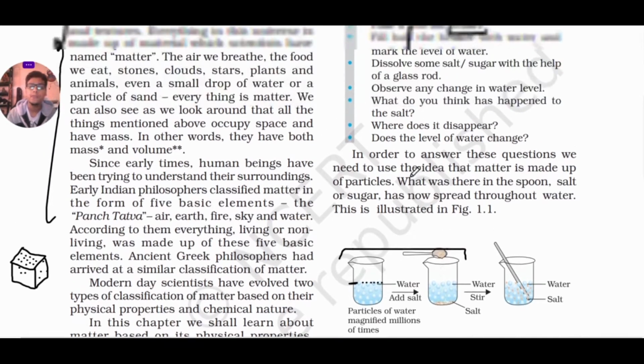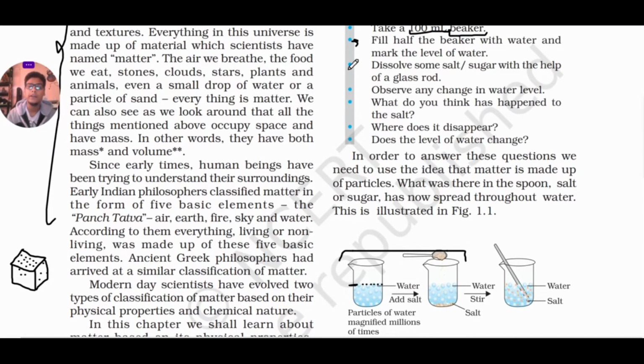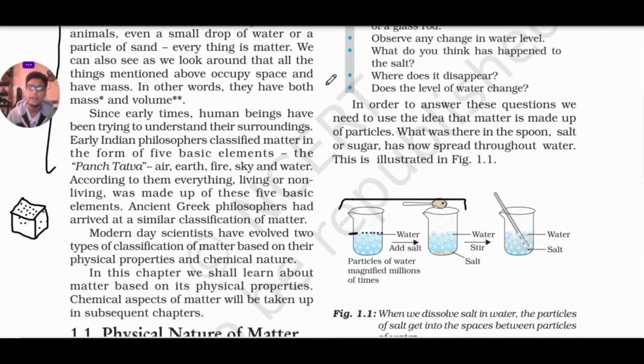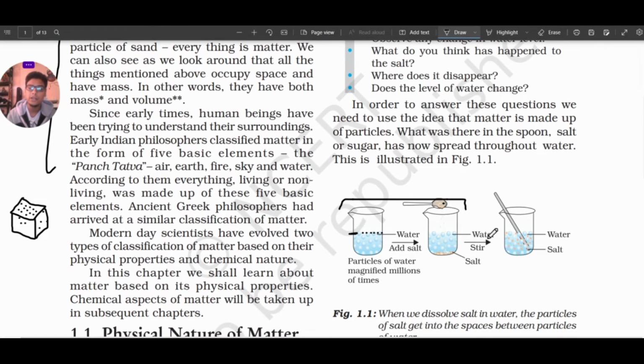Now the third point says to dissolve some salt or sugar with the help of a glass rod. We can use either salt or sugar. So we put something like sugar or salt inside it.